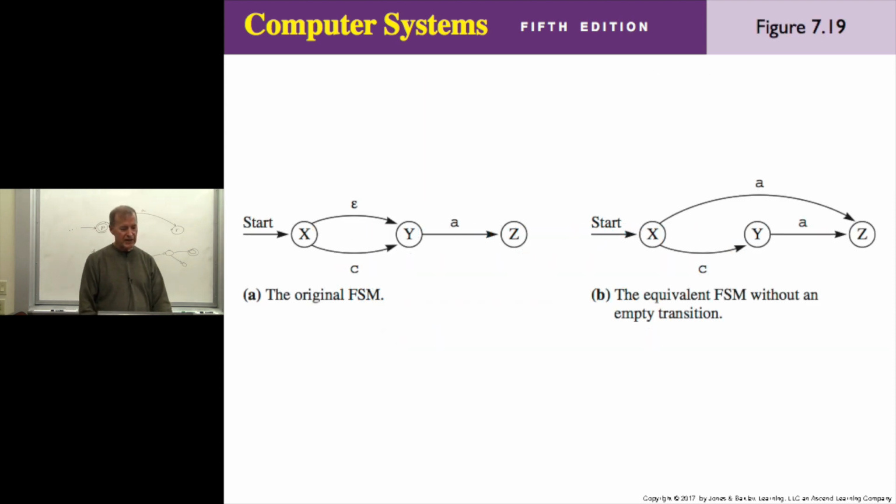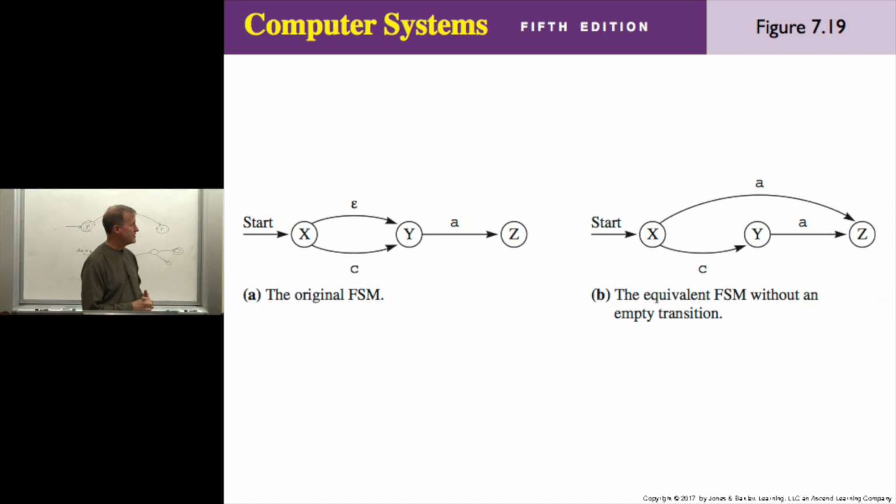So let's do a few examples. Here in figure 7.19, in part A of the figure, we see the start state is X, and then there is an empty transition from X to Y, and there's also a transition from X to Y on the terminal C, and then there's a transition from Y to Z on A, right? So now, do you see then how we got rid of that empty transition?